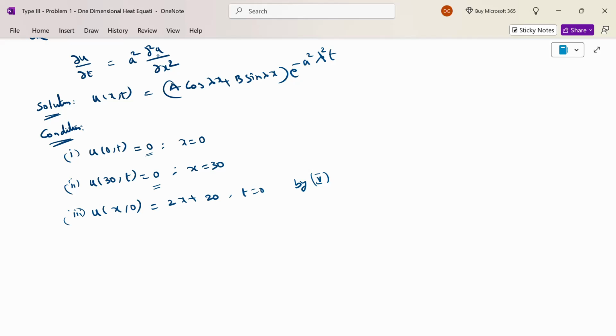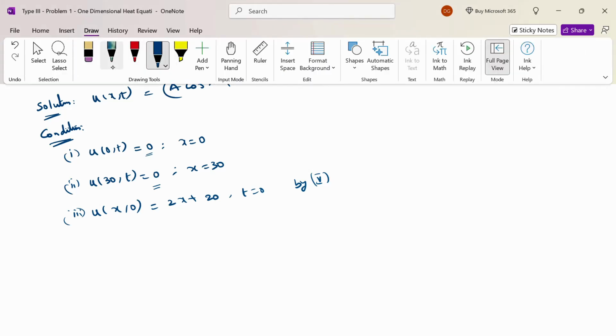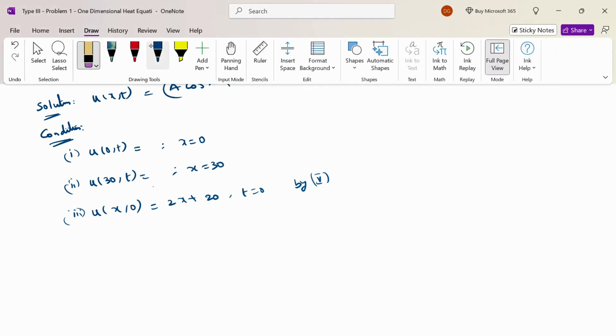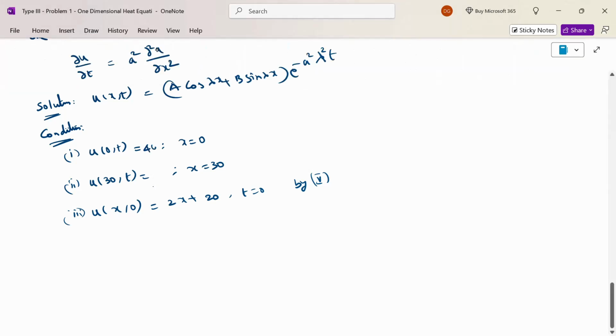Here it is 40 at the A end and 60 at the B end. So when I substitute x equals 0 in this equation, it is difficult to calculate the constant value.